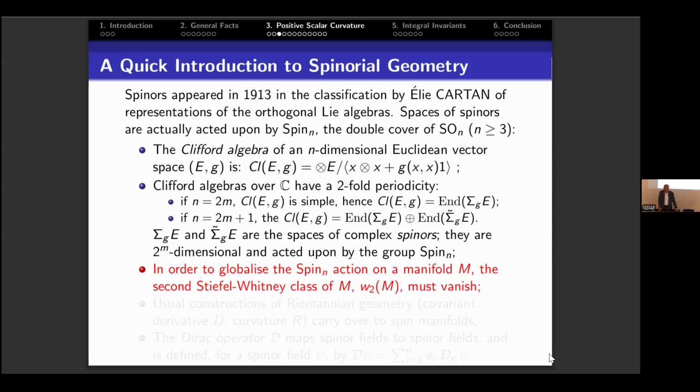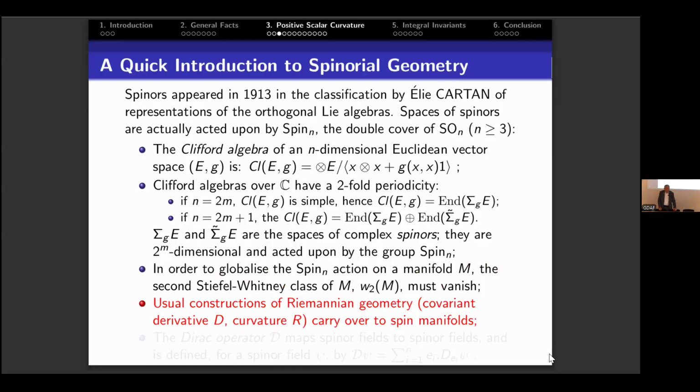So a typical example where this doesn't vanish is the projective plane, dimension 2, P2C. P1C is the Riemann sphere, on which there are spinors, but on P2C, you don't have the notion of spinors. And very important in order to develop the geometry is that usual constructions in Riemannian geometry, the notion of covariant derivative, the notion of curvature, carry over to spin manifolds.